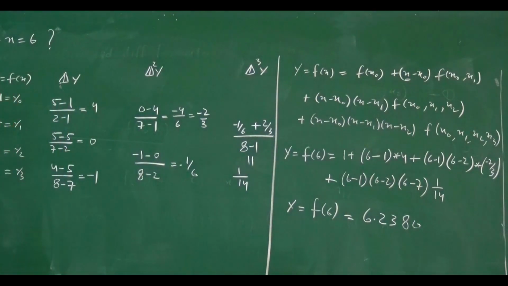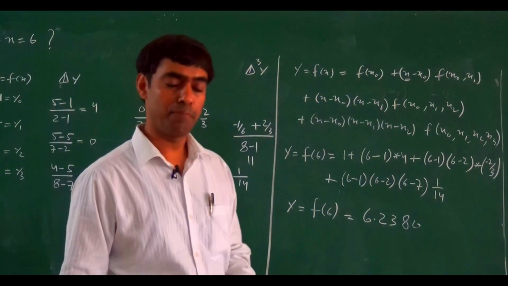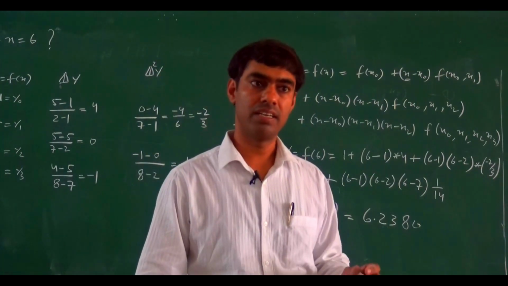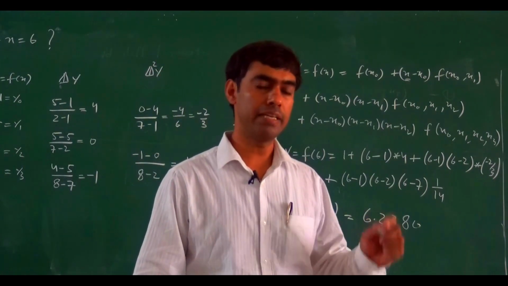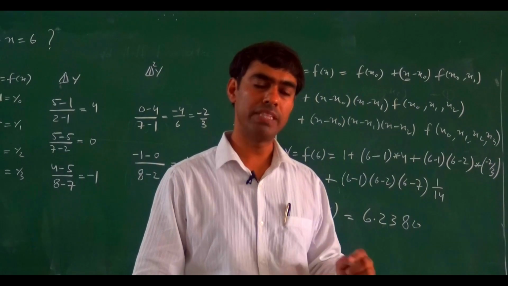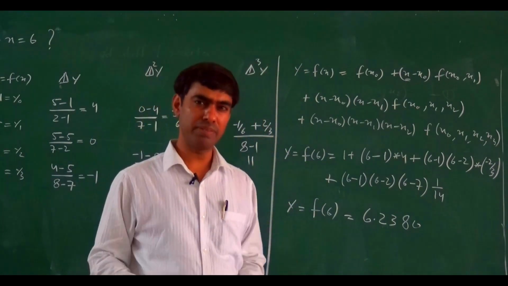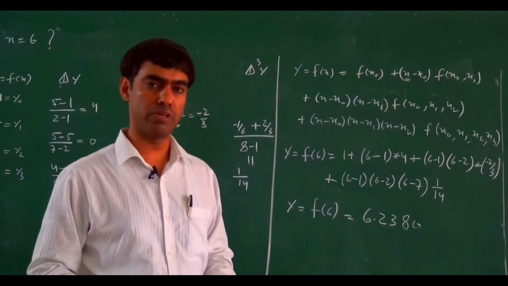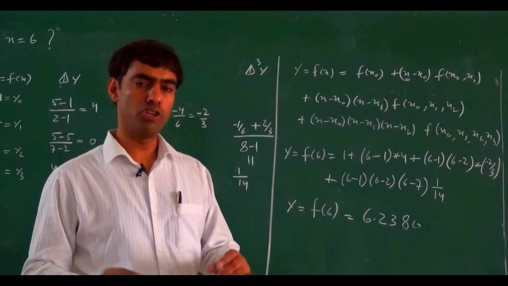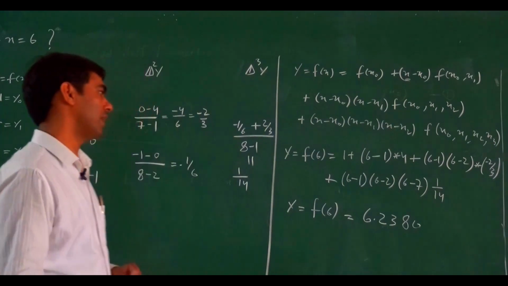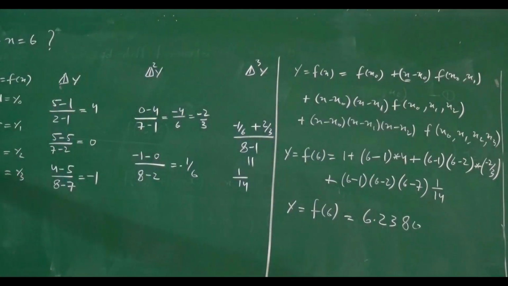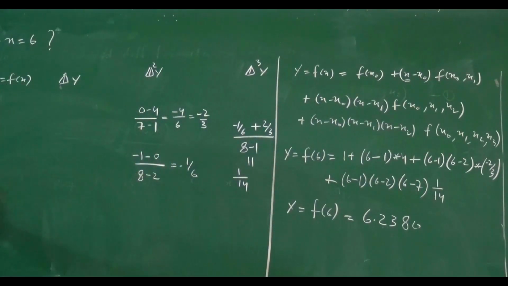Now, how do we find a polynomial which satisfies the given set of tabular values with the help of the Newton divided difference formula? Here we take a very small example and try to find a polynomial which satisfies the tabular values. First we erase this one.